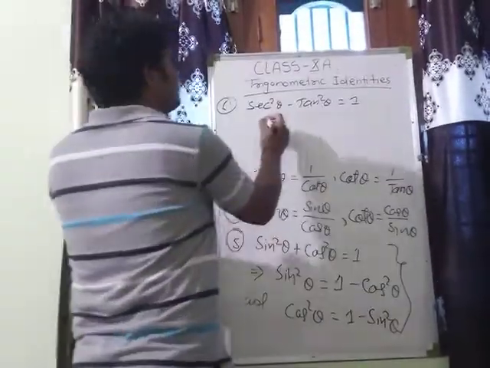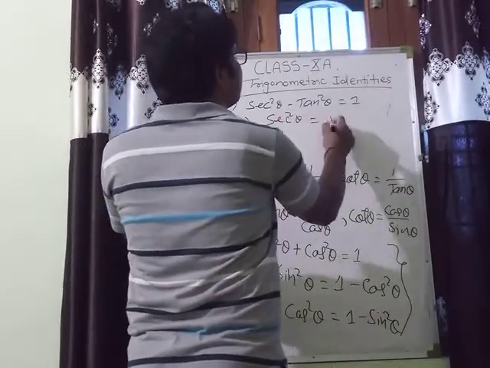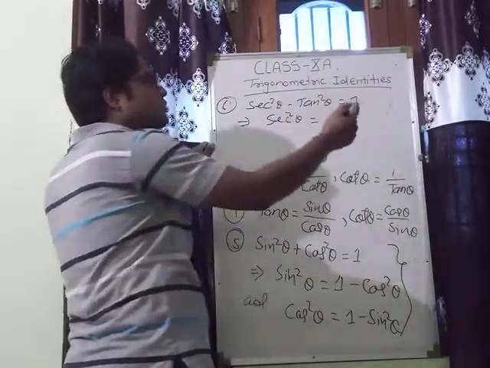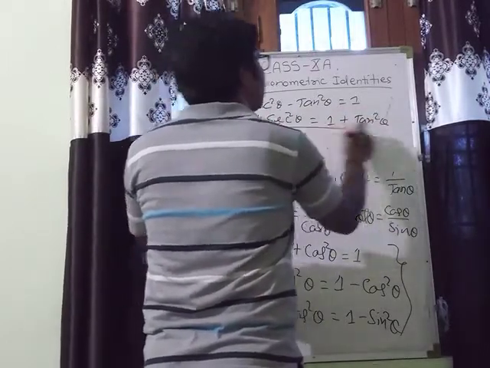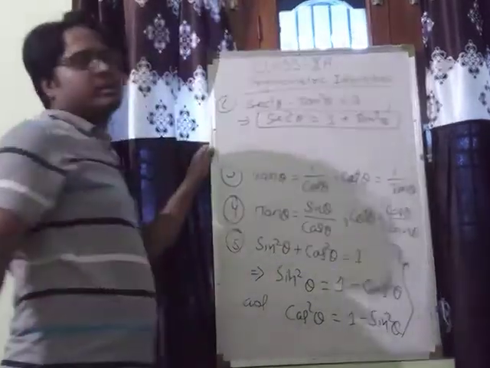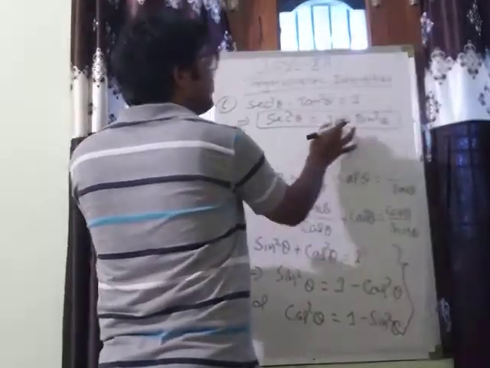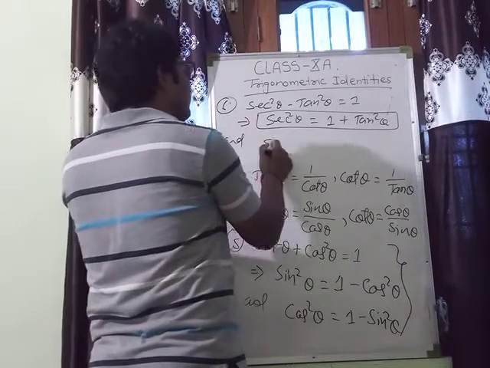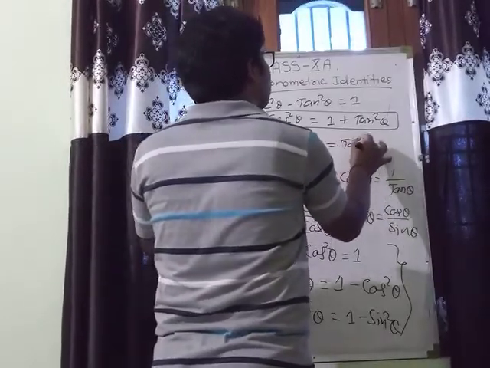From here, sec square theta is equal to 1, transfer this tan square theta to the right side, plus tan square theta. Clearly sec square theta is equal to 1 plus tan square theta. And from here, transferring 1 to the left side, we have sec square theta minus 1 is equal to tan square theta.